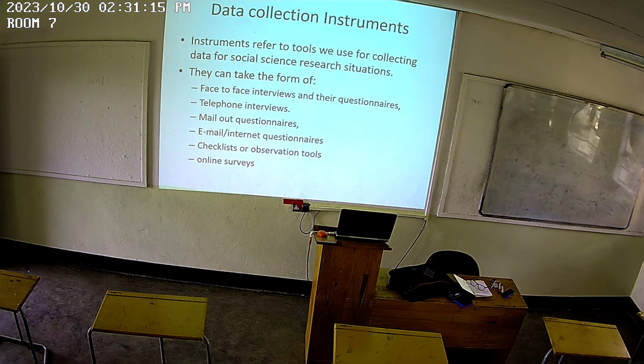Sometimes instead of interviewing people, you go out to observe what is happening, and as you are doing those observations, you are collecting data for your research. So you don't just observe without an observation tool. You prepare a checklist which guides you on what things to observe and what type of data to collect. So there are all those different tools that are commonly used.